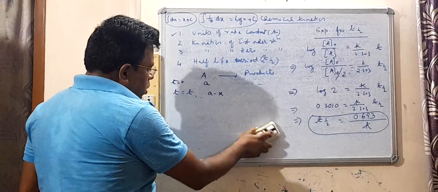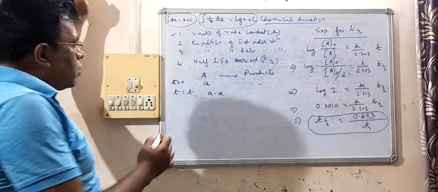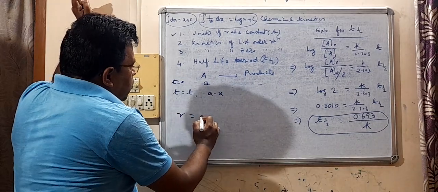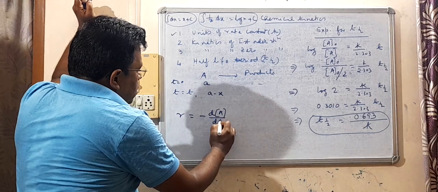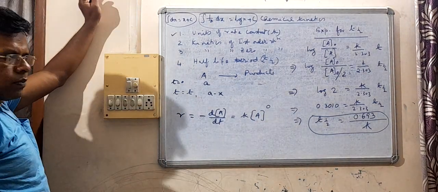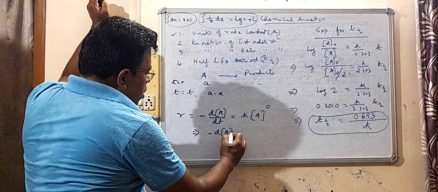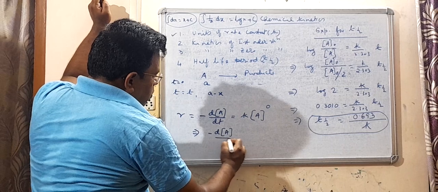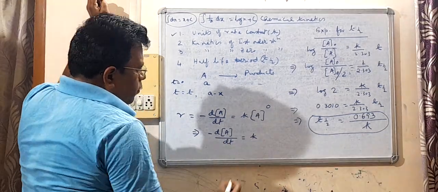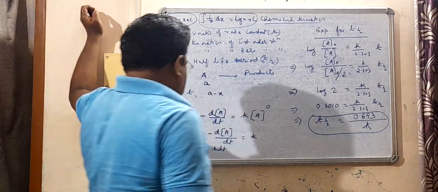Suppose this reaction is a zero order reaction, then the rate will be minus dA by dt is equal to K A to the power 0, and it will be 1, so minus dA by dt is equal to K. So that is minus dA is equal to K dt.